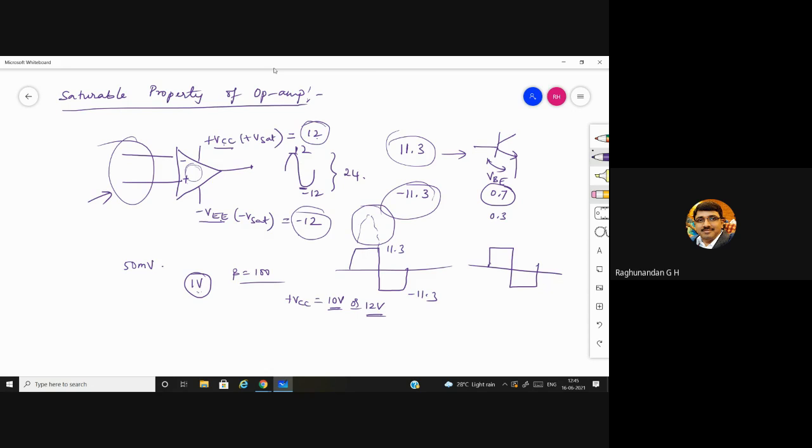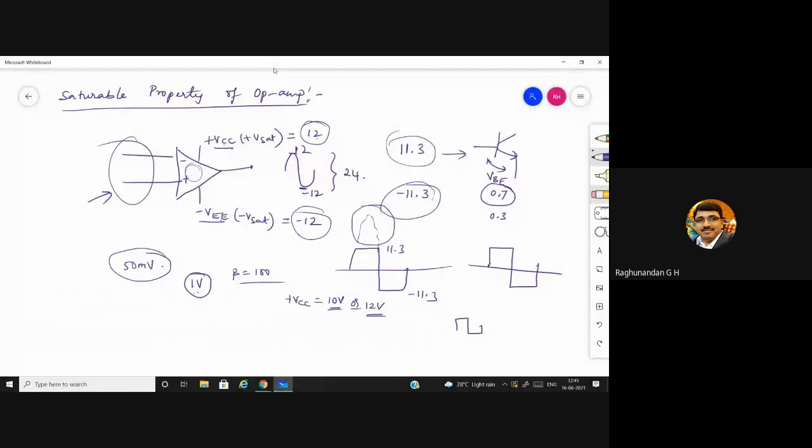So where is 1 volt, where is 100 volt, and where is 12 volt? That's why we start getting a square wave. You think it is distortion, but it is not distortion, it is a mistake in giving the input. So always to check an amplifier, you should give a very low input so that you will get the amplified output and you can see that amplification. So this is the saturable property of op-amp.